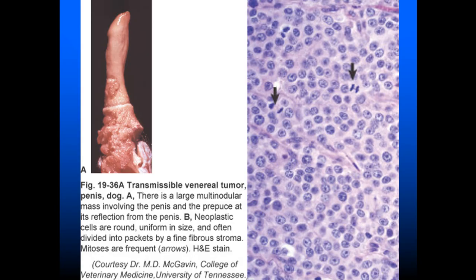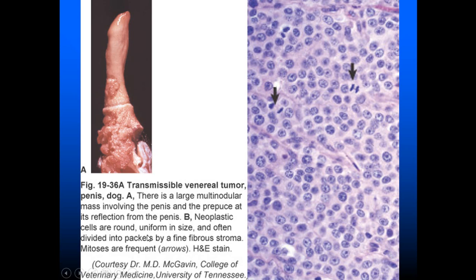Cases of TVT are related with copulation, with mating, and these tumors spread easily by touching between dogs. These tumors usually occur in the reproductive system, in both male and female, in females particularly in the vulva, and in males usually in the penis and prepuce.